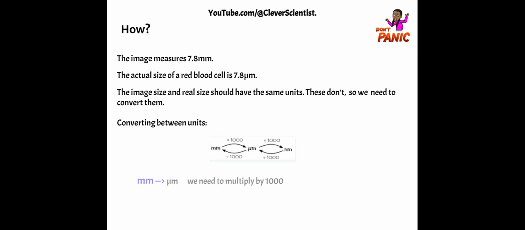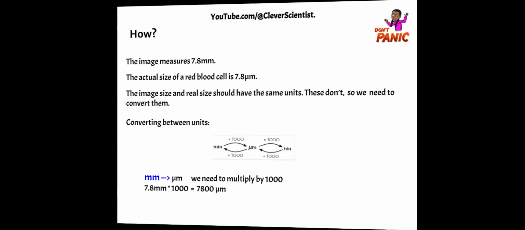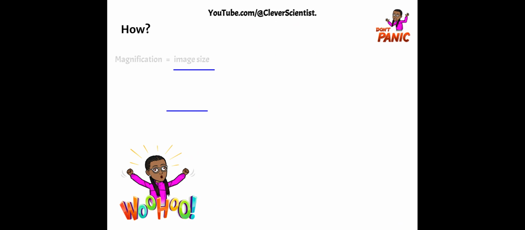So converting between units, we're going to go from millimetres to micrometres. We need to multiply by 1,000. So 7.8 millimetres times 1,000 equals 7,800 micrometres. Next, we've just got to substitute in the numbers.